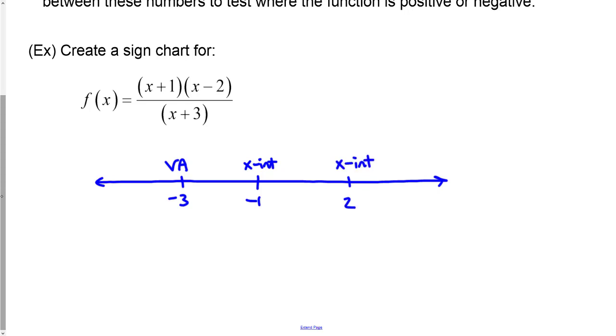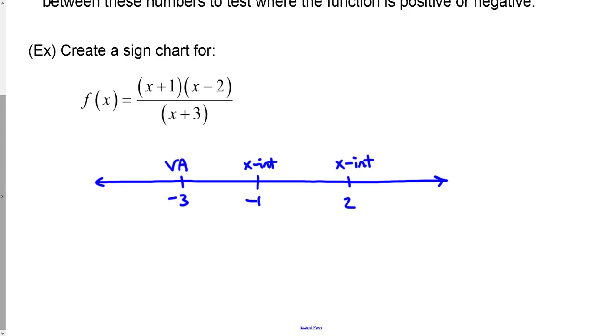So the graph can only change from positive to negative at any of these points. So I know that in between those points, the graph is either entirely positive or entirely negative. So the idea is to just pick one value in each of those intervals to test and see if the graph is actually positive or negative there.